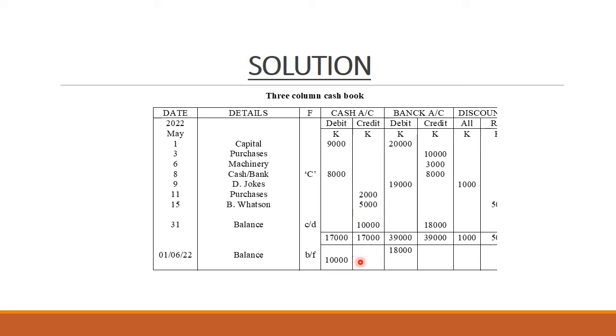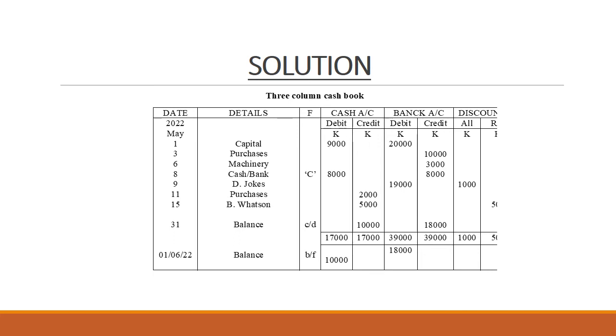Then at the end of it all, the three-column cash book is supposed to be balanced. The process for balancing is just the same. The first thing is you add the entries on the debit side and also add the entries on the credit side, and then compare the two totals. The side that appears to be greater than the other is what we indicate here.